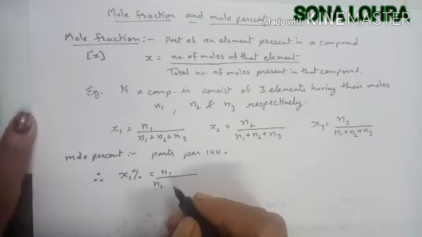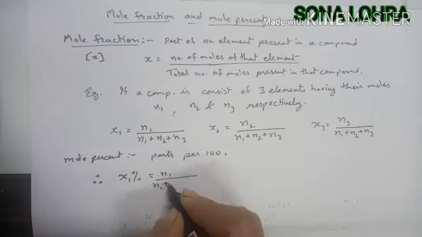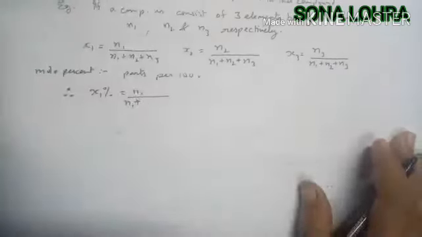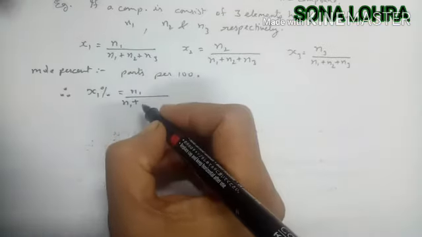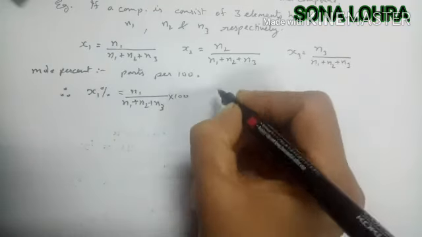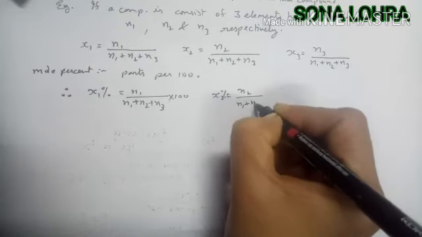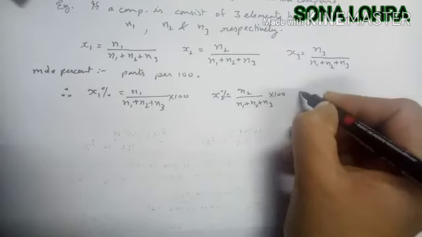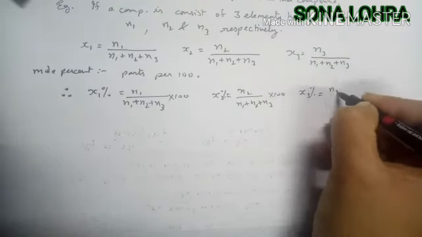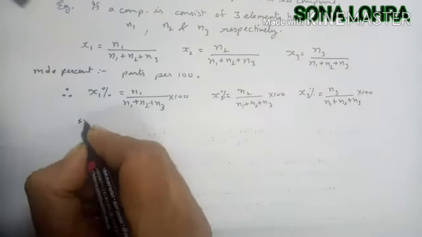That means if we want to calculate the mole percent of the first component of the above compound, it is N1 upon N1 plus N2 plus N3 multiplied by 100, or we can also say it is x1 multiplied by 100. Similarly, we can also calculate the mole percent of the second and third components by multiplying their fractions by 100.